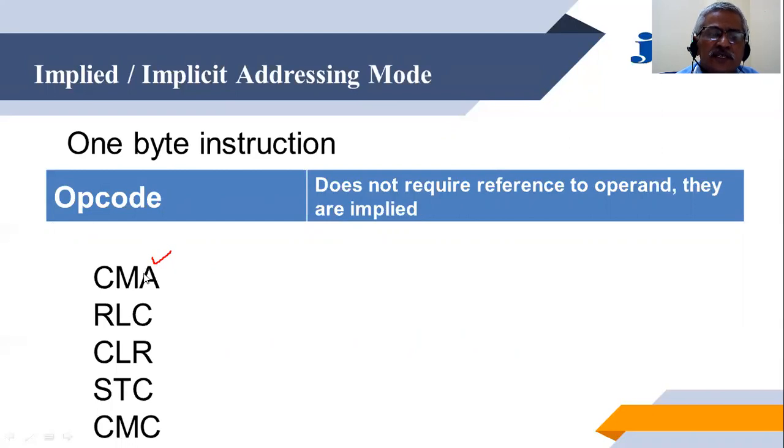Since the operand is part of the operation code, we call such an instruction or addressing mode the implied or the implicit addressing mode. So the CMA instruction belongs to the implied addressing mode. Clear? STC and CMC are some of the other instructions which fall into this category.